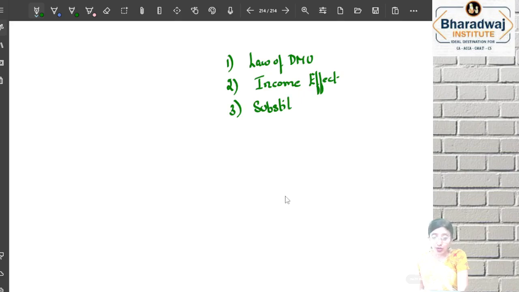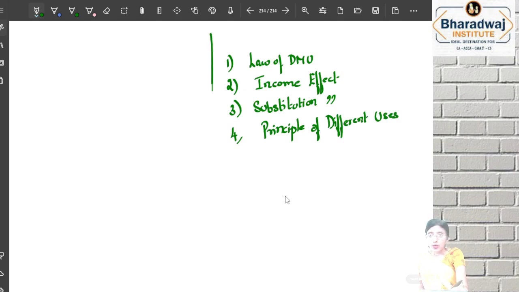But income effect and substitution effect are reasons why the demand curve slopes downwards, and the principle of different uses. I remember teaching you this with an example of electricity. Household and industrial purpose. Yes, very good. So this is, my dear students, why a demand curve slopes downwards.